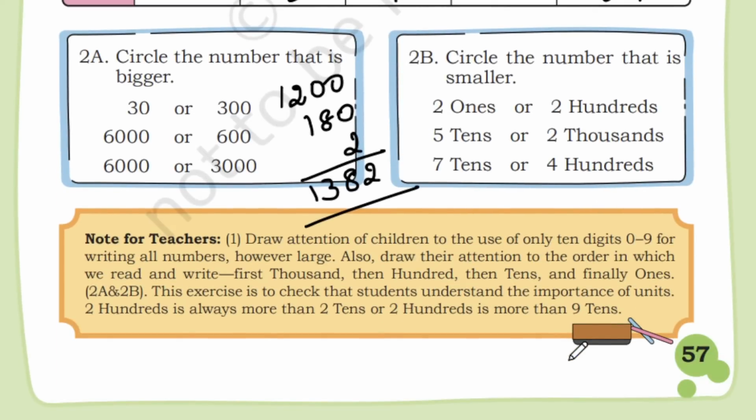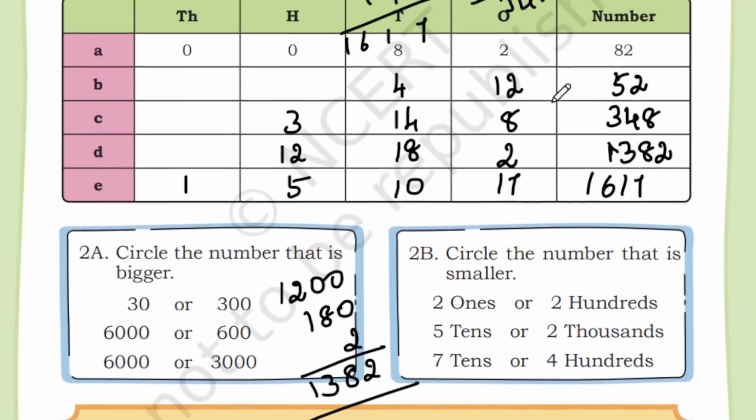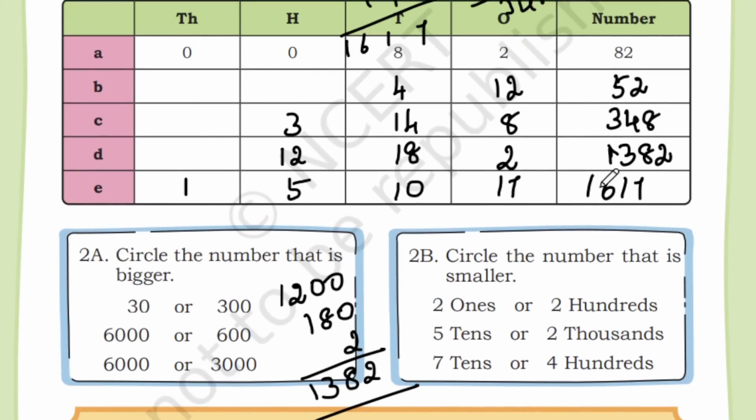Circle the number that is bigger than 30 or 300. So you have to circle the numbers now. We have found the numbers, right? It's between 30 or 300. So this is bigger than 30, and you can circle this. And this one you can also circle.